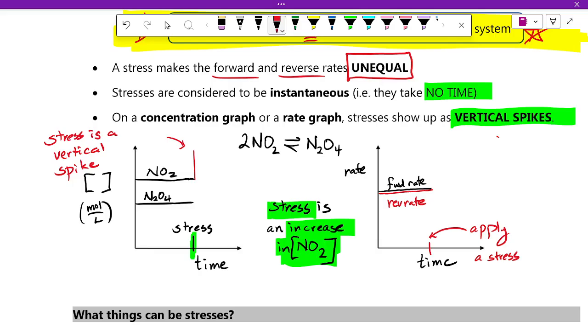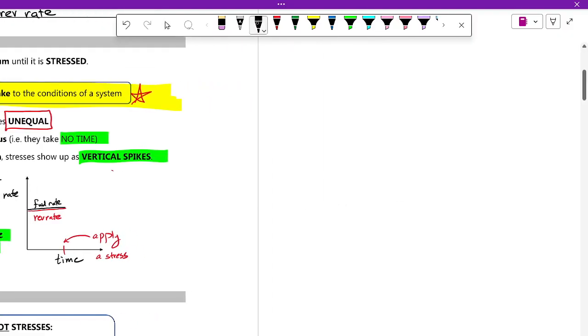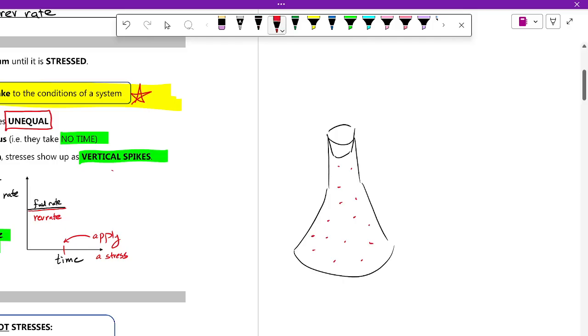stresses fairly instantaneous. Like if I had a container, you probably don't want to draw this, but if I had a flask and it had a stopper in it and it contained our brown gas, I'm making it red because I don't have a brown pen, and we had our colorless gas, which I'm going to make green.